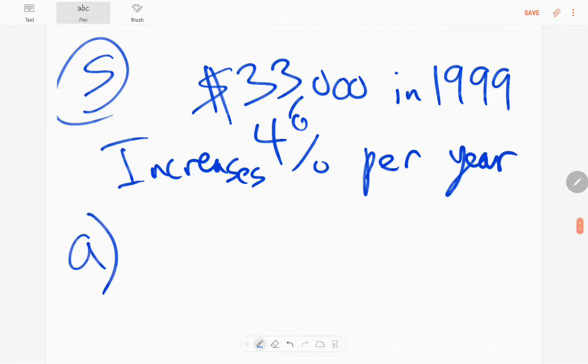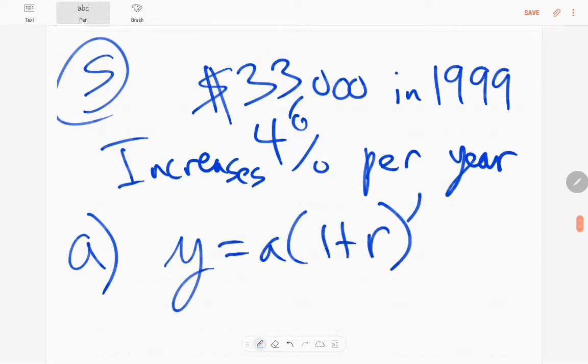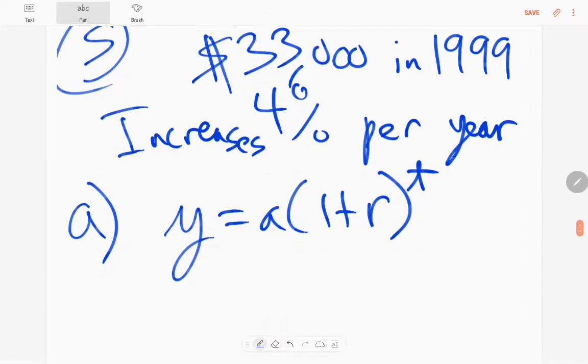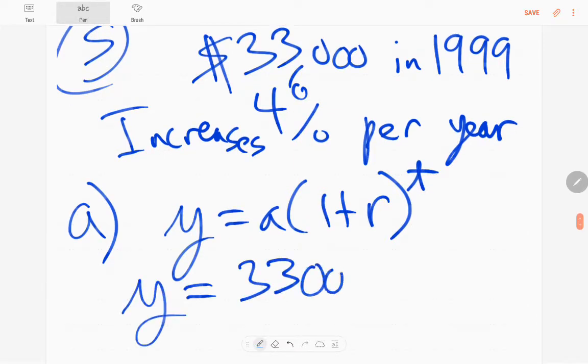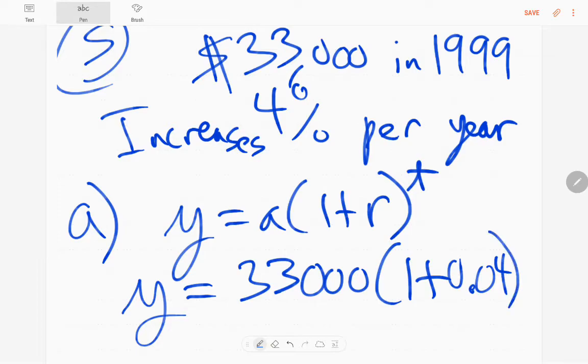Part A. Write the equation of the exponential function in the form y equals a times 1 plus r to the t power that models the retail price of the car t years after 1999. Okay, so that's kind of easy. A is just going to be the original price of the car. And r is the percent increase in decimal form, so you just have to move the decimal to the left 2 places. And the t stays where it is.